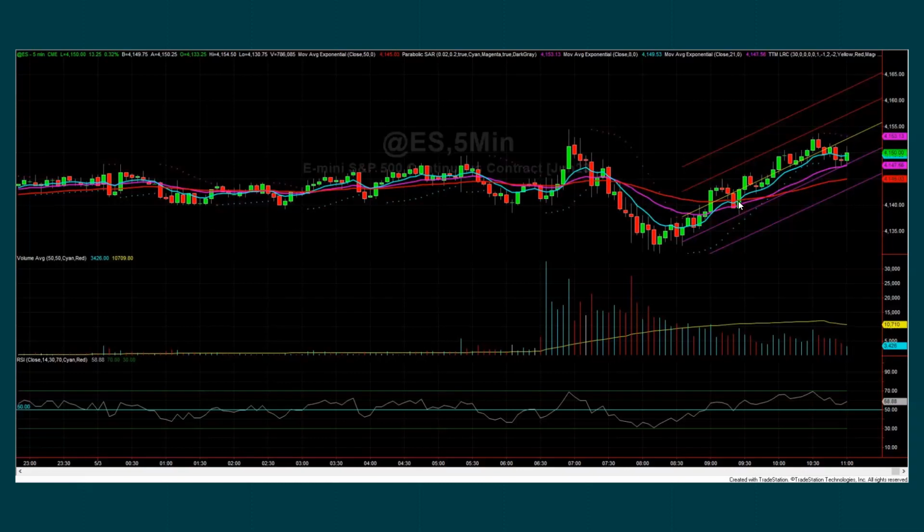Some of the oscillators are not used a lot. You could use MACD perhaps for trend. RSI, generally, I don't pay too much attention to overbought and oversold.